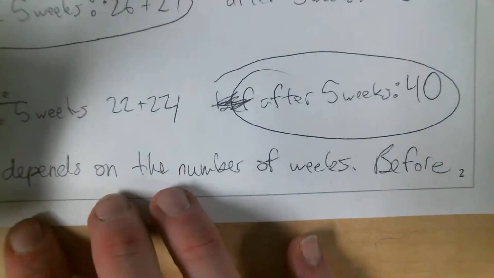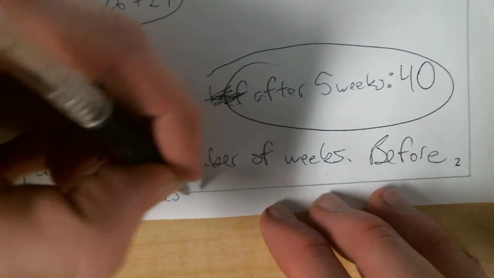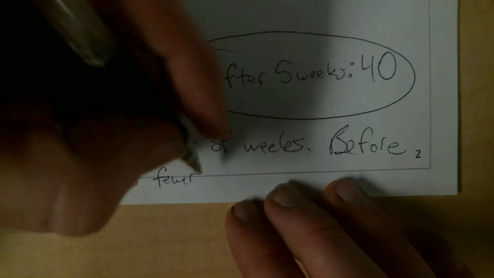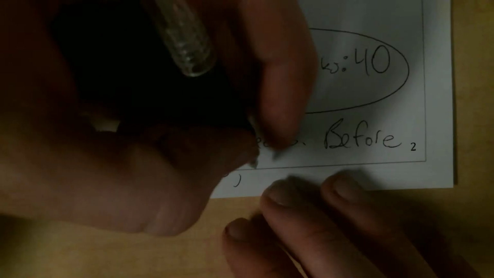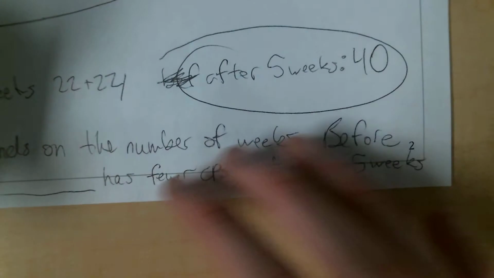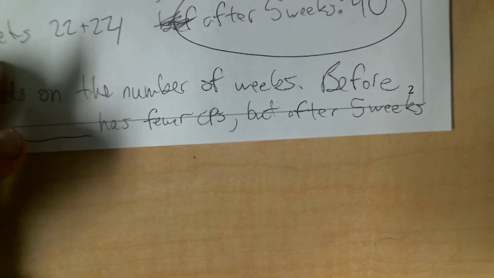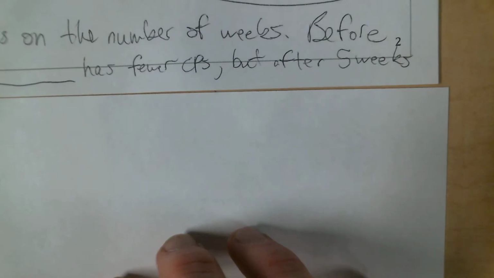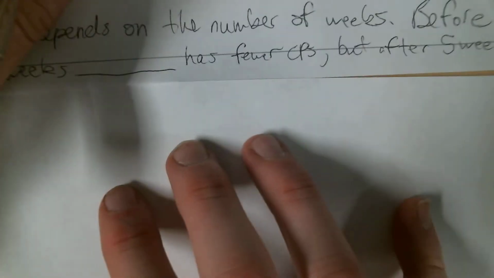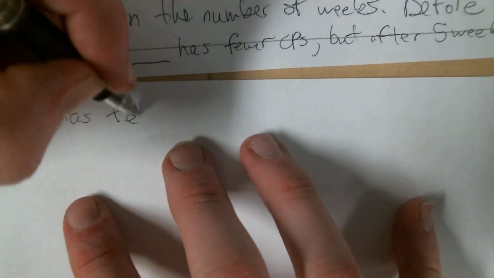Before 5 weeks, blank has fewer CPs. But after 5 weeks, I'm going to run out of room here. But after 5 weeks, blank has fewer CPs.